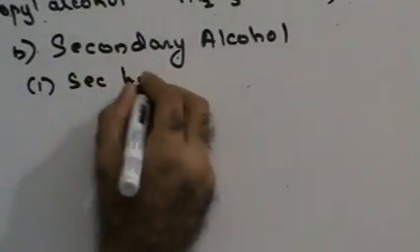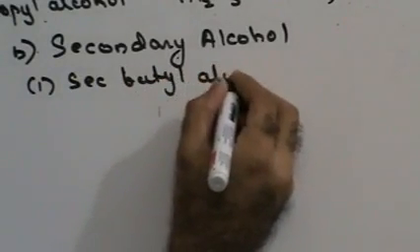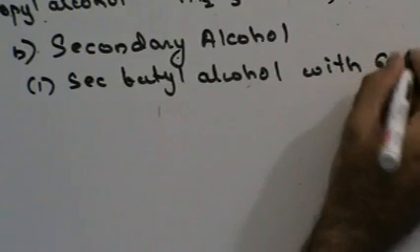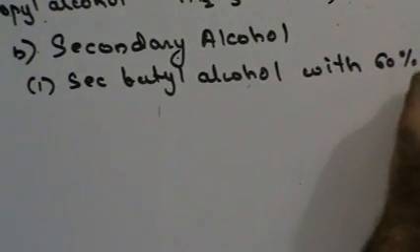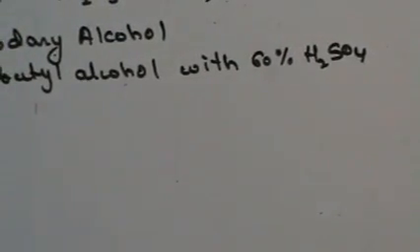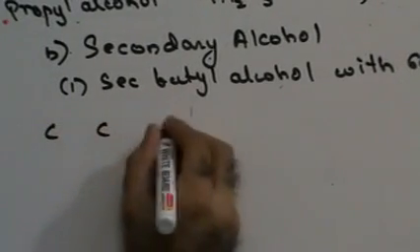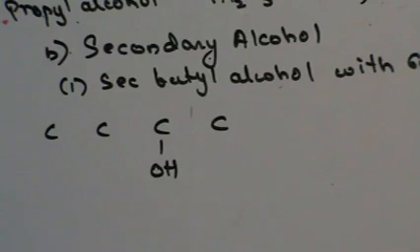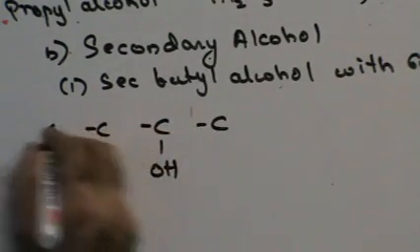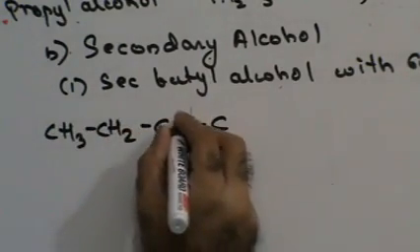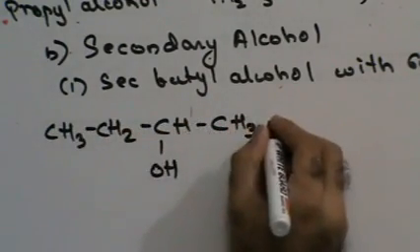Now I have sec butyl alcohol. Butyl, 4 carbon atoms, 1, 2, 3, 4. Sec means alcohol has to be attached to the second carbon atom. Draw your bonds. So this is going to be CH3, CH2, CH, CH3.